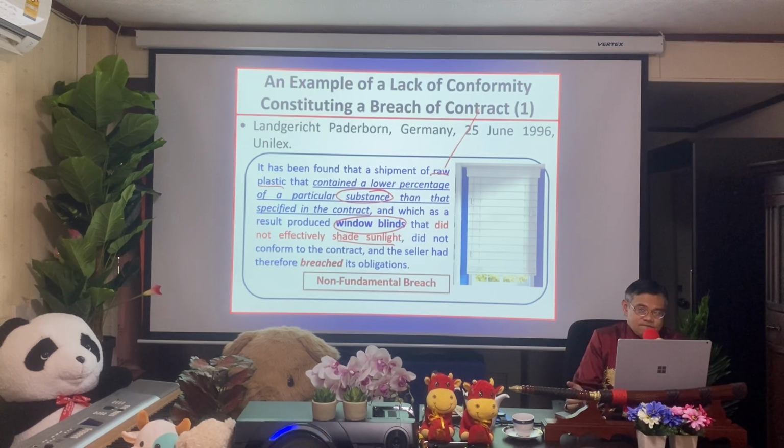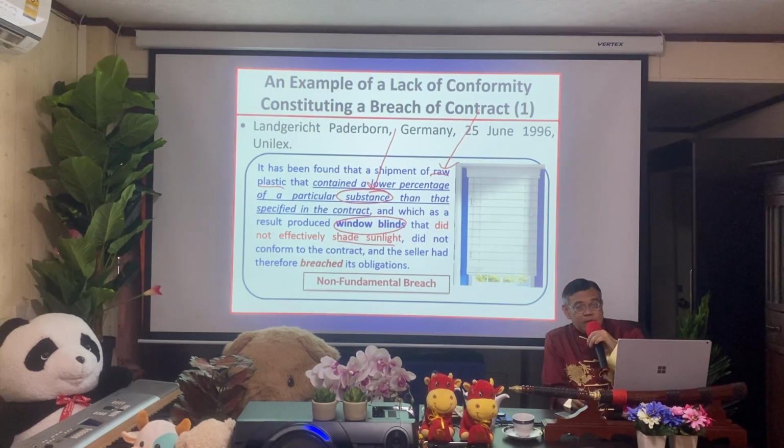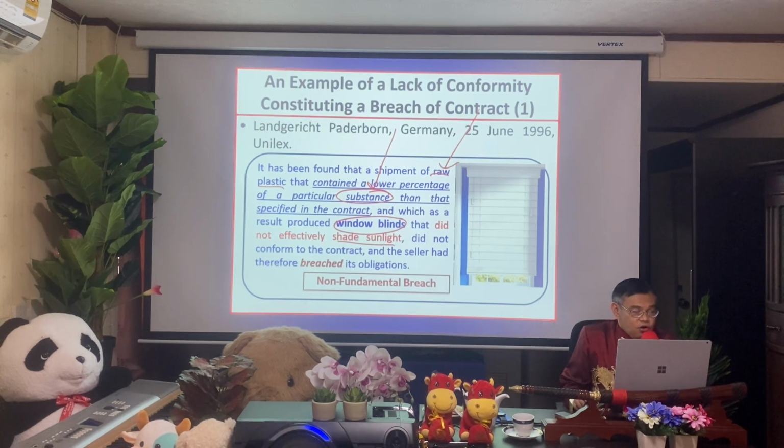The thing is that the raw plastic which was delivered by the seller did not contain the specified level of this substance. It contained a lower percentage of a particular substance than what the contract required.